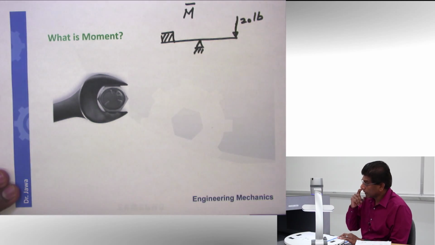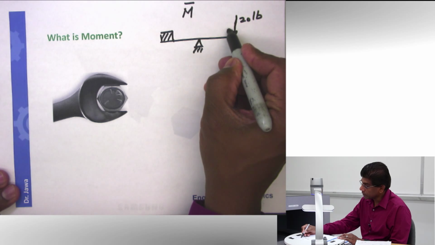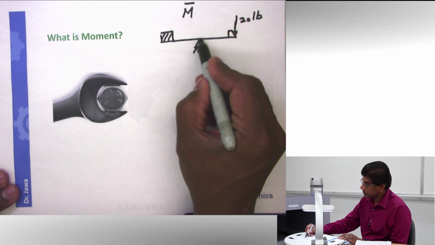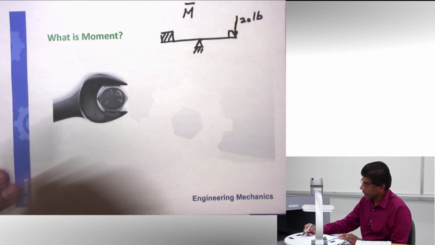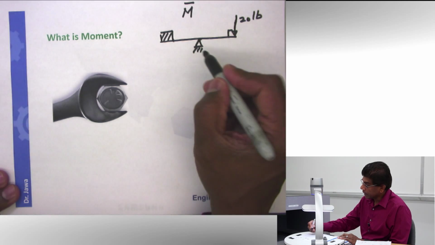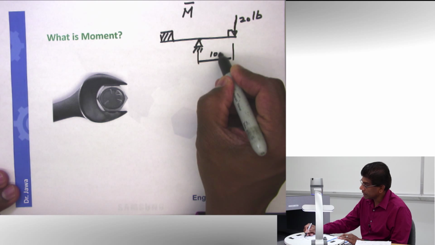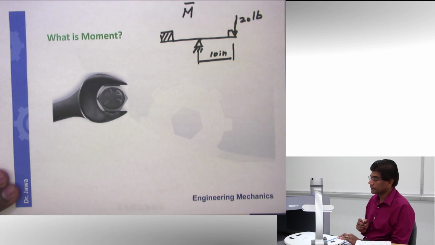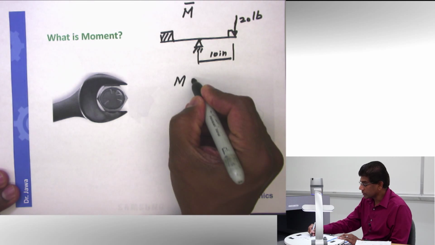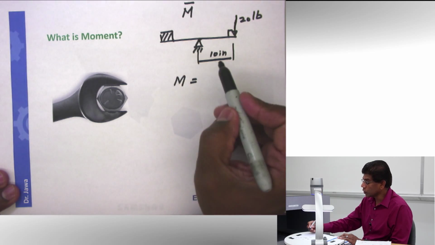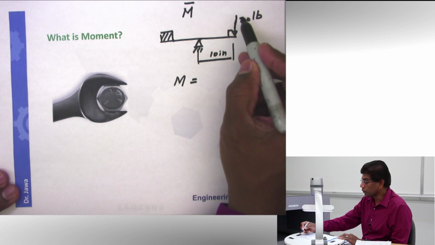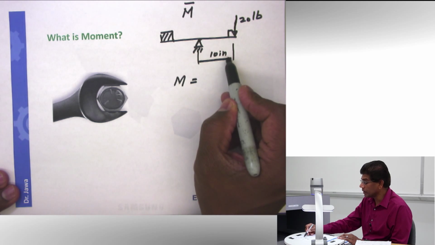All right. And this force is perpendicular to this plate. And let's assume this distance is 10 inches. All right. So by definition, moment is going to be equal to force times the perpendicular distance.